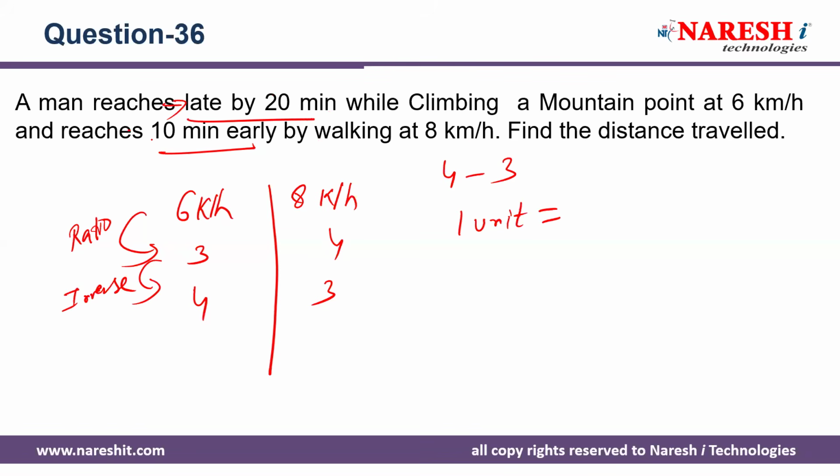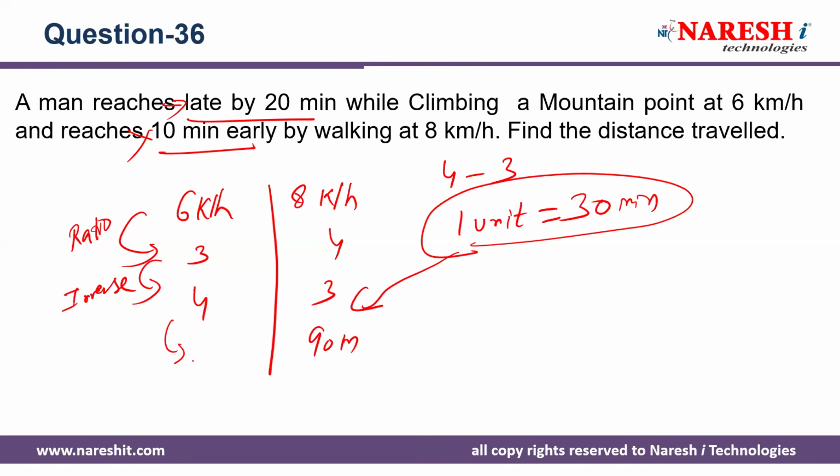Two values in opposite direction, so add. 1 unit is 30 minutes. If 1 unit is 30 minutes, 3 units is 90 minutes, 4 units is 120 minutes. Over.